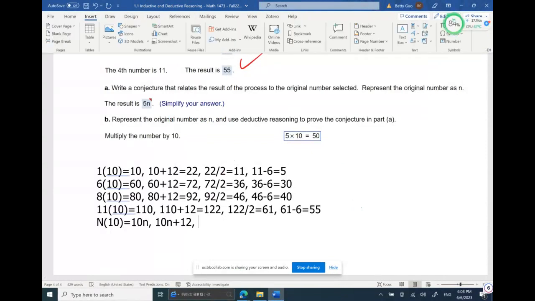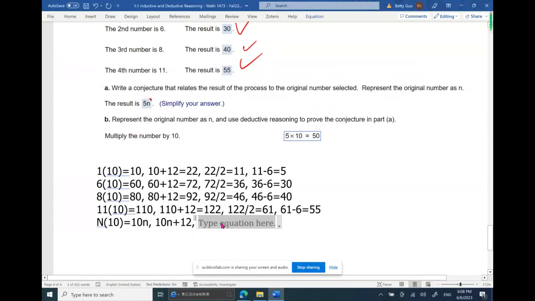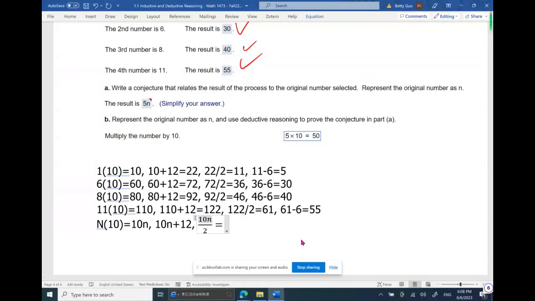Let me use the equation editor. We have divided by 2 equals, yeah. So the numerator is going to be 10n plus 12.